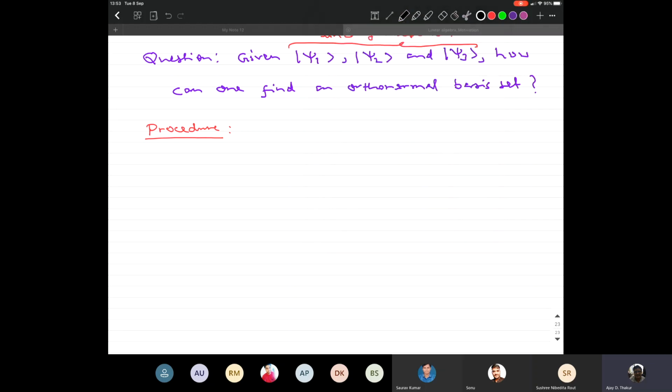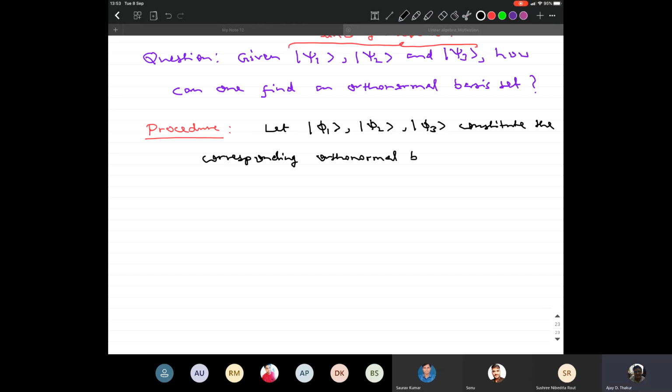The procedure to find this basis is: let phi1, phi2, phi3 constitute the corresponding orthonormal basis set. Fine. So now how do we obtain it from psi1, psi2, psi3?